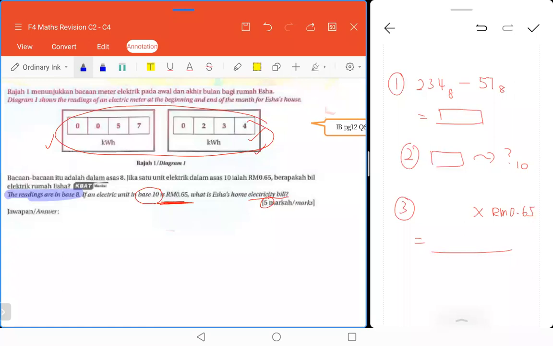Okay, we'll check together. So we double check. Okay, change. Okay, you check this one, correct or not?